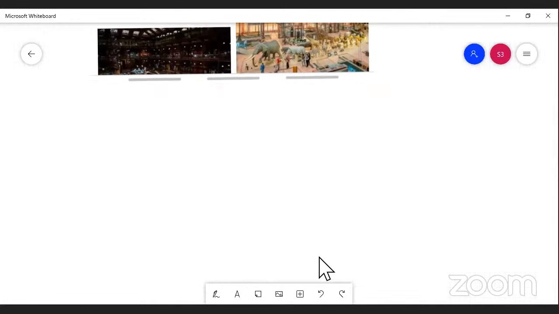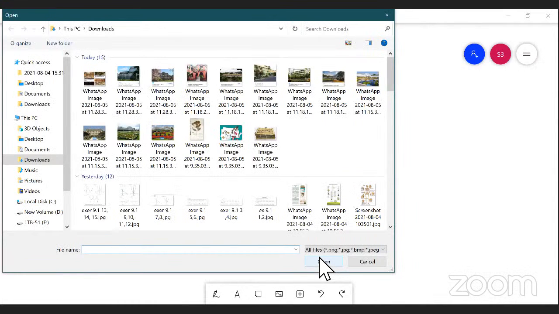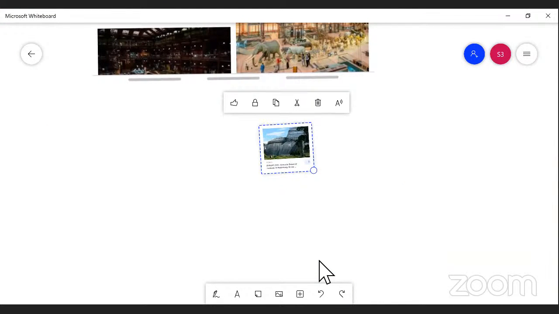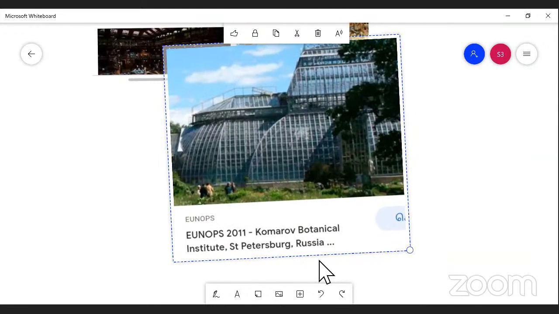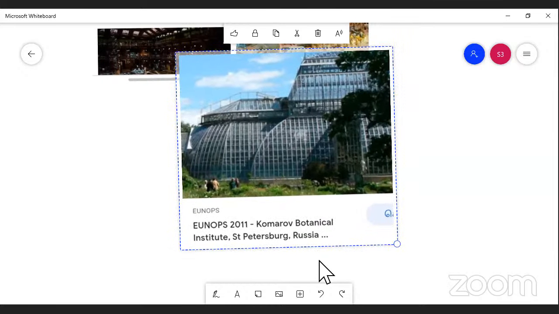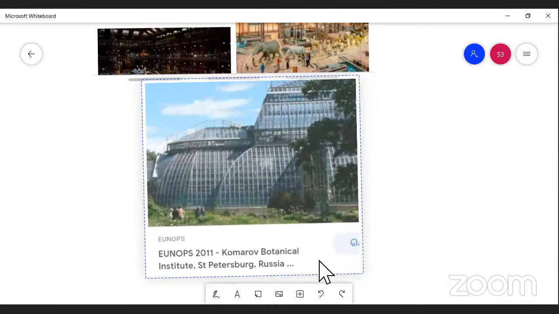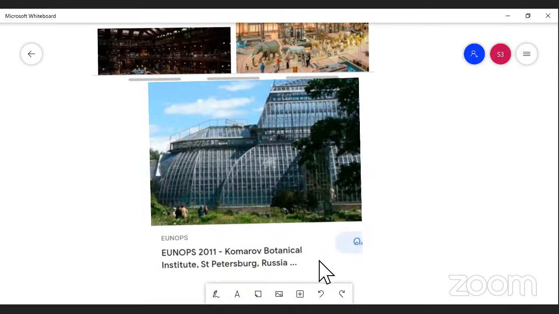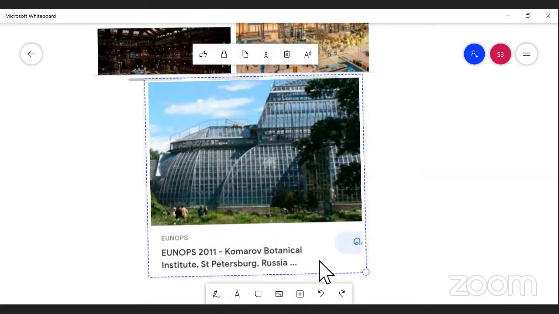And one more herbarium I am going to show you. Komarov Botanical Garden. If you go to Russia, you can see the Komarov Botanical Institute. It is a place where you can see the collection of plant species. This is also one of the largest herbaria in the world.